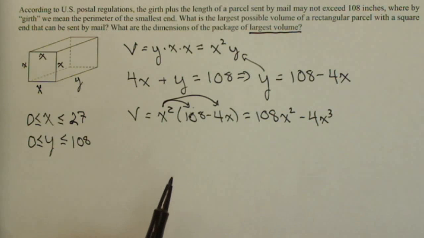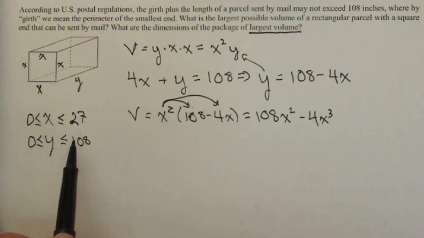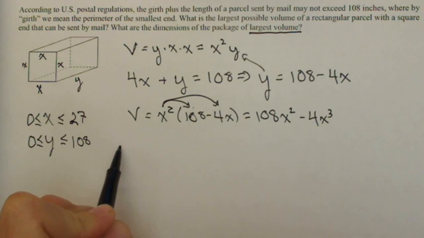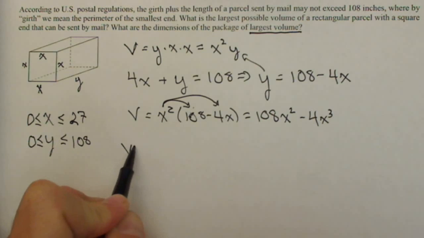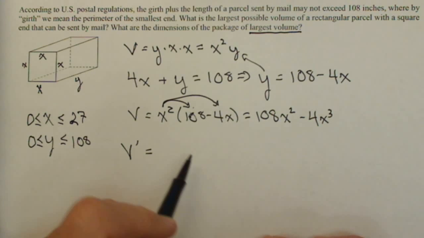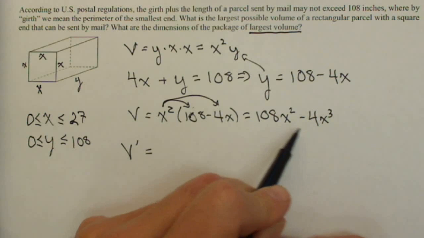So now we have an extreme value theorem application, because we're now on a closed interval. So let's go ahead and find out our maximum possible volume. We're going to go into calculus mode and find our derivative to get any critical points. So V prime, we just have a couple of power rules.